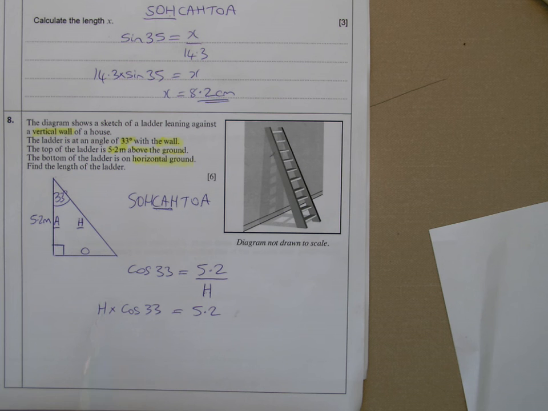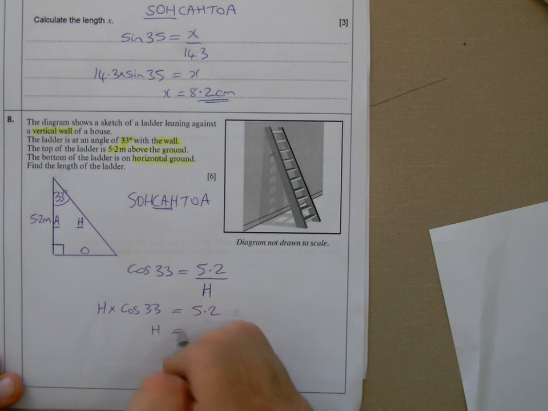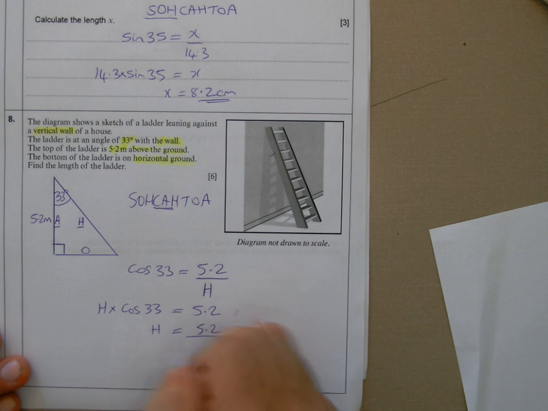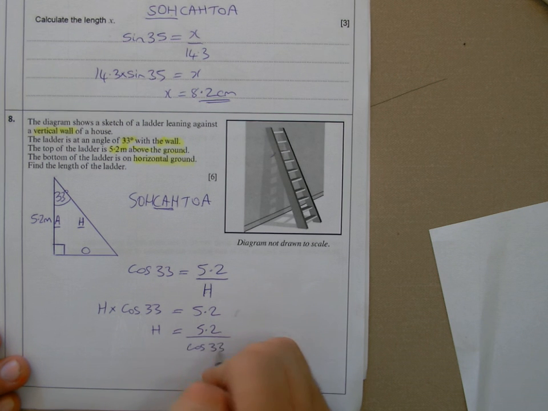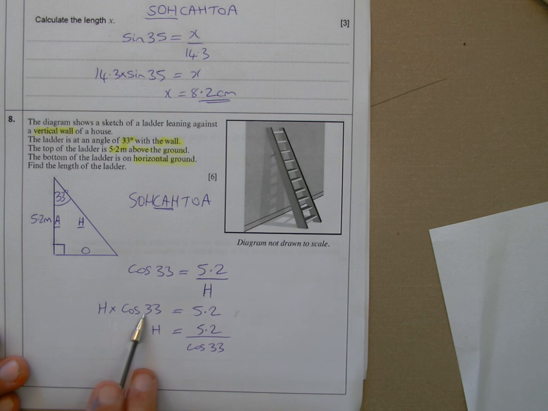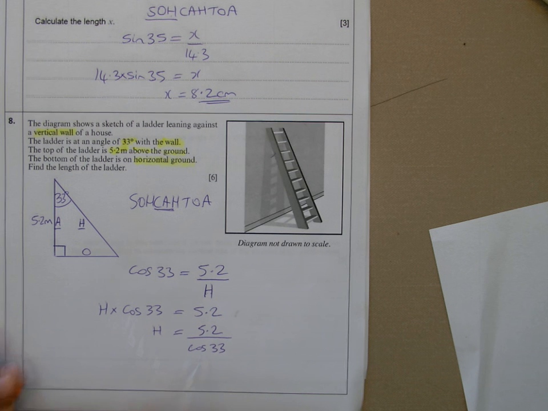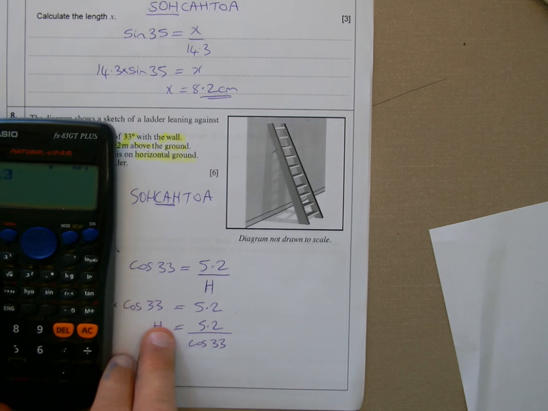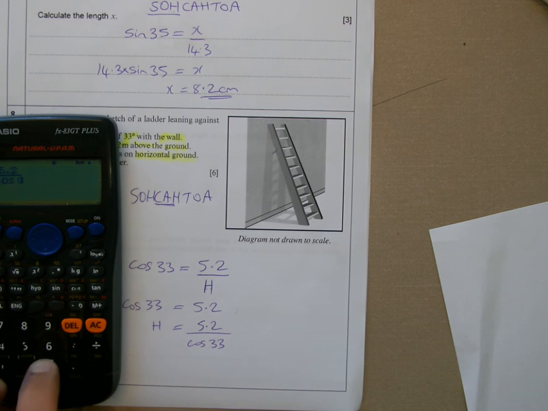But because I'm doing H times cos 33, I can now take the cos 33 over the other side, and I'll get my H on its own. Because I'm multiplying by cos 33, when I take it over I've got to do the opposite and divide. So I end up getting 5.2 divided by cos 33.